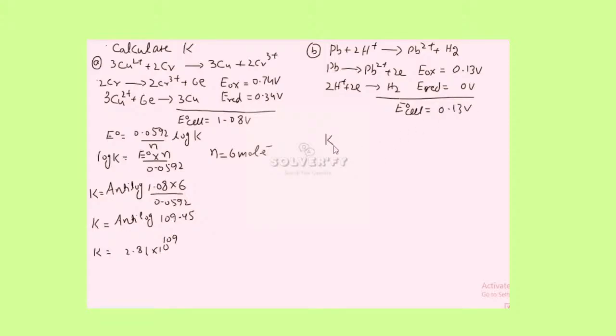Here K is equal to antilog of E naught multiplied by N divided by 0.0592.